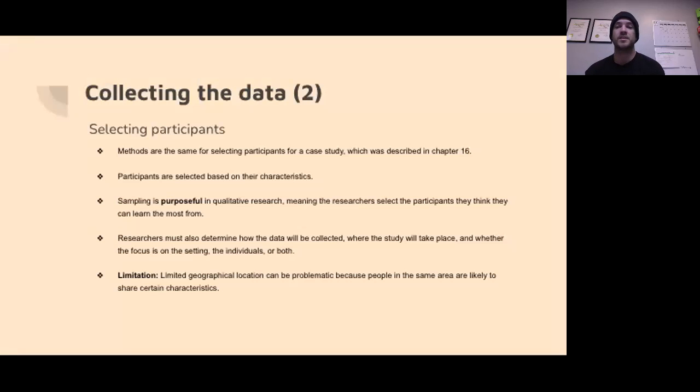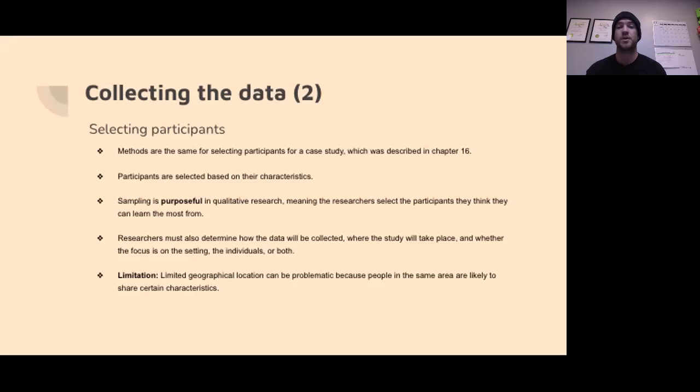When it comes to selecting participants for a qualitative study, it is very much the same as selecting participants for a case study. Participants are selected based on their characteristics. Sampling is purposeful in qualitative research, so the researchers choose participants that they think they can learn the most from. Purposeful sampling allows researchers to study a specific population.